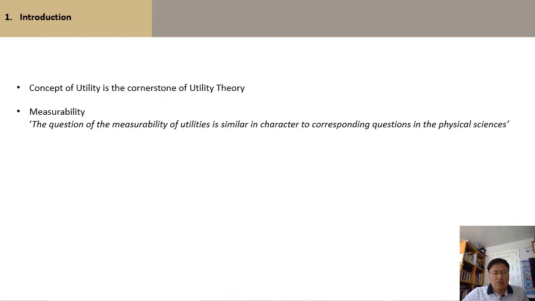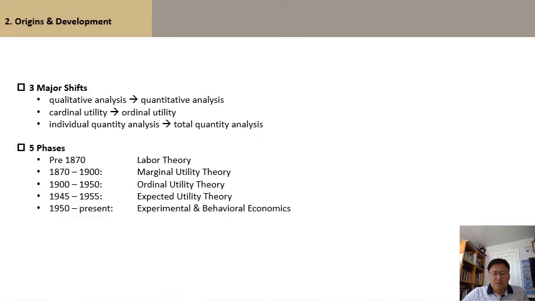Just as John von Neumann said, the question of the measurability of utility is similar in character to the corresponding questions in the physical sciences. However, we have to say it's much more difficult than the physical sciences.